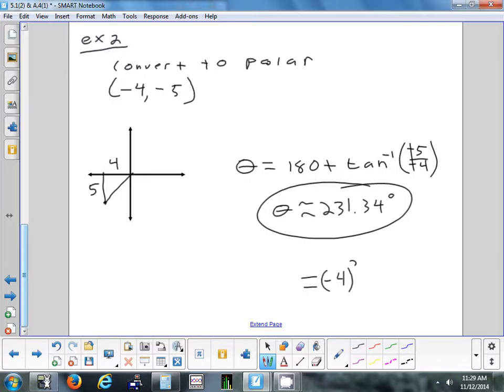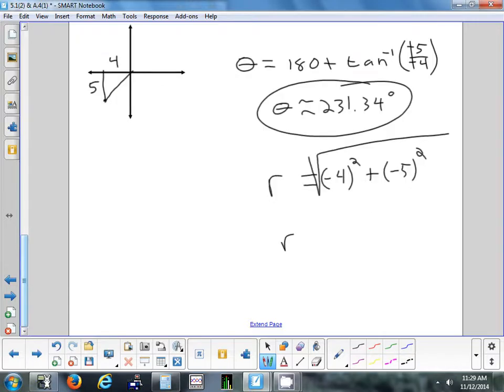So it's -4 squared plus -5 squared, and you need the square root of that. So I square -4, and that's going to give me, how much, Ashley? 16. And Olivia, -5 squared? 25. Add them up. 16 and 25 gives me square root of 41. And that's not going to come out nice.